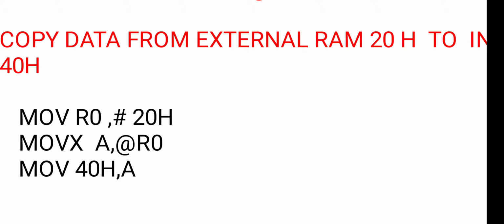Now R0 points to 20H. Which 20H, internal or external? Here the 20H is external. R0 is pointing towards the 20H address, and that address is in the external RAM because we have used the MOVX instruction. If by mistake we used the MOV instruction in the second line instead of MOVX, then the 20H would be an internal RAM address.